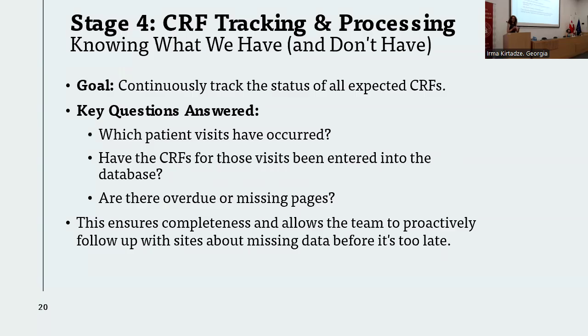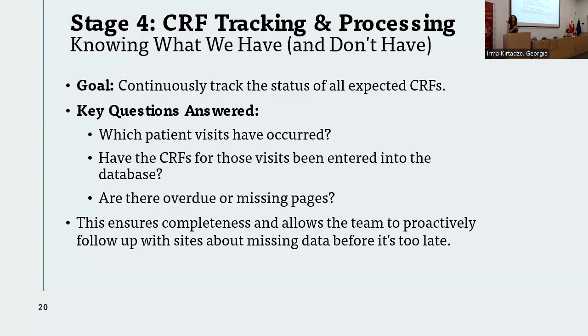As we start collecting our data and it's being entered, we want to know what we have, what we don't have, what's been collected, what hasn't. So we always develop reports. We always sit down with the study team or the PI and we say, what is it that you're going to be looking for? What's really paramount for you to have at the end?